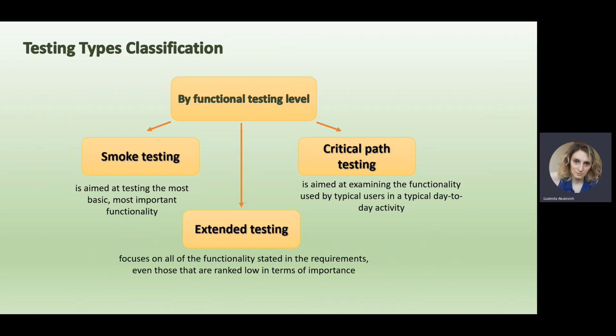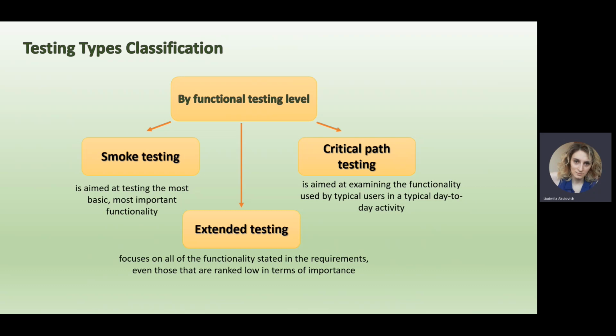These are commonly used features with quite a high priority. If we are talking about extended testing, it means that we are testing features that are ranked low in terms of importance. So practically unimportant features or some very unusual testing scenarios.